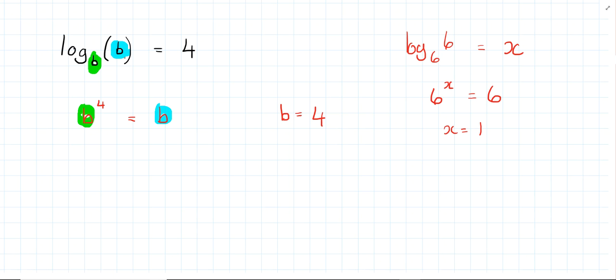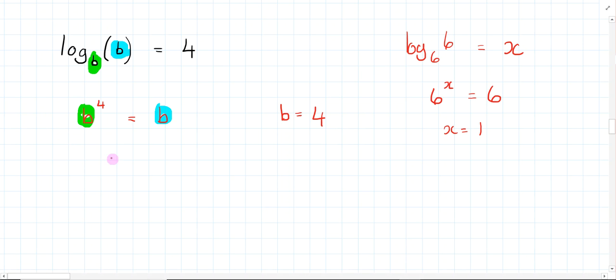And the reason is because 1 is the only number that you can raise to any power and get the same answer, yeah? Anything else doesn't work, because 6 to the power of something equaling 6 has to be 1.